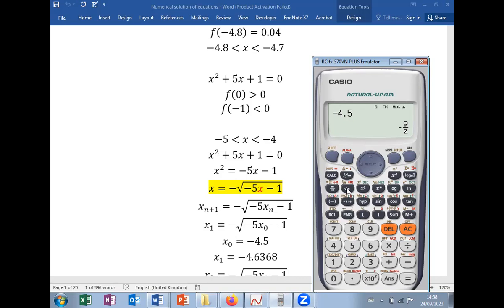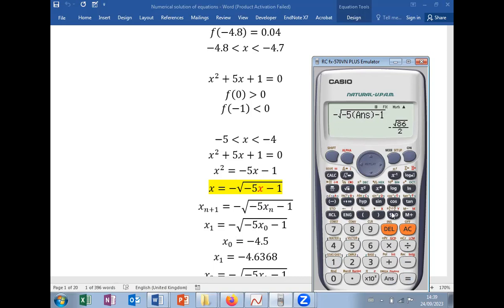So you put the entire formula in the calculator. How? You'll say that I need a negative root of minus 5 times the answer and minus 1. So the first value, which I am calling in this case x0, is minus 4.5. And this will yield me x1, which will be my next input.